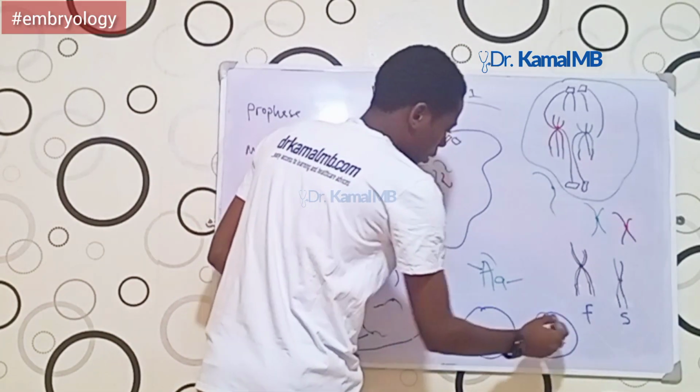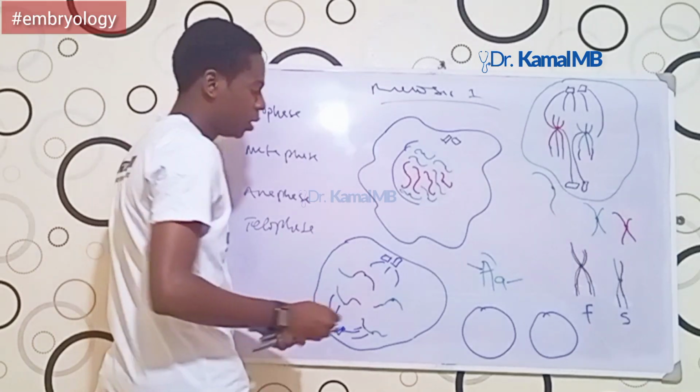One cell here, one cell here. It's having this type of chromosome.